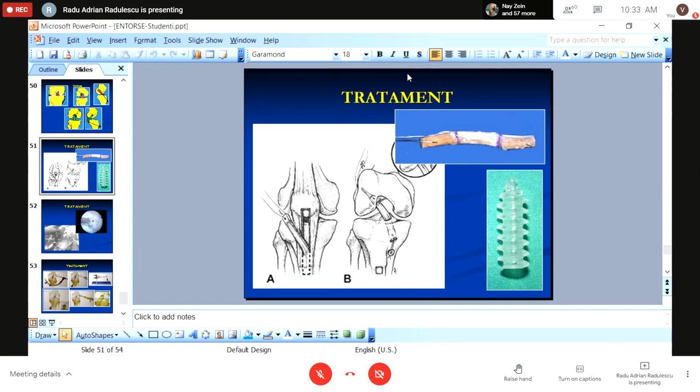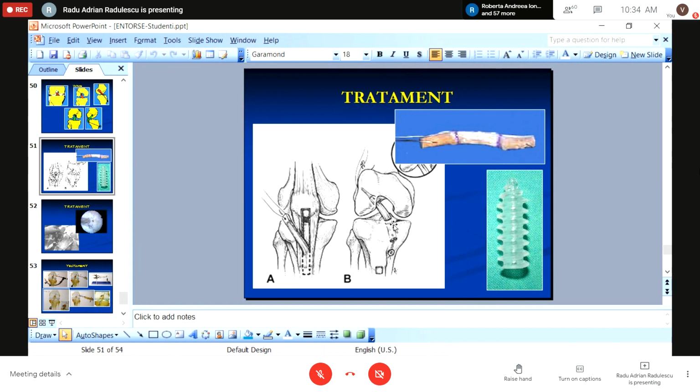And here is an example. We can use the middle third of the patellar tendon together with two bone plugs attached to it, one from the patella and the other one from the anterior tuberosity. So finally, we have a graft which is called bone tendon bone because it's composed of this type of tissues.